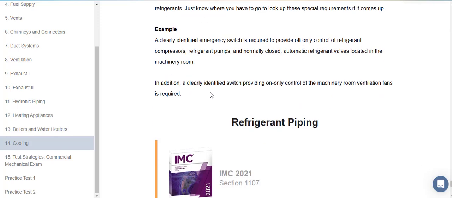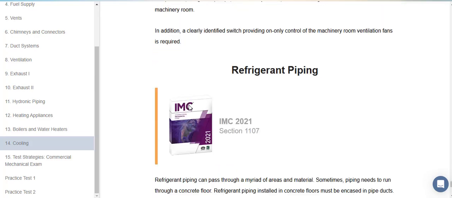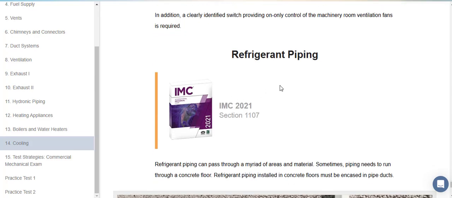In addition, a clearly identified switch providing on-only control of the machinery room ventilation fans is required.